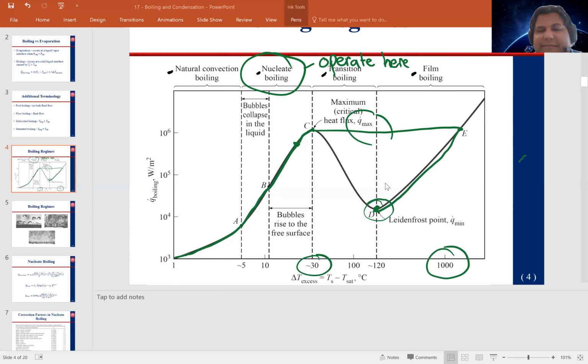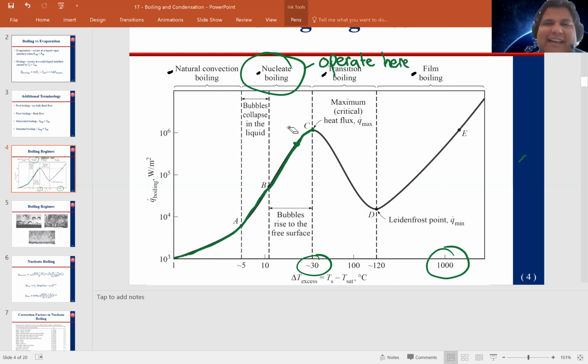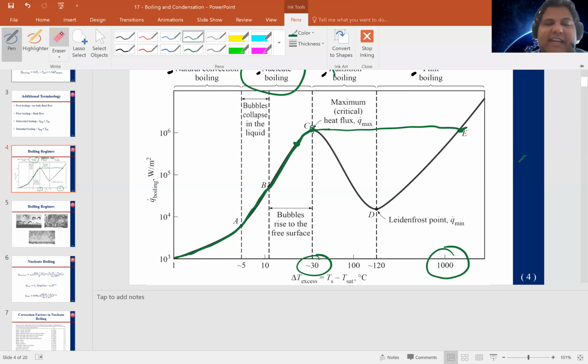The issue comes when you have the propensity for this dramatic rise in temperature, because as you hit that maximum critical heat flux, going above that causes a jump from point C to point E. And that results in a very dramatic increase of the surface temperature of your heating element.